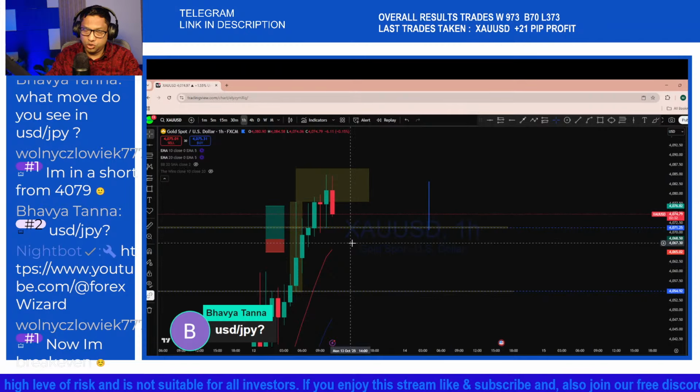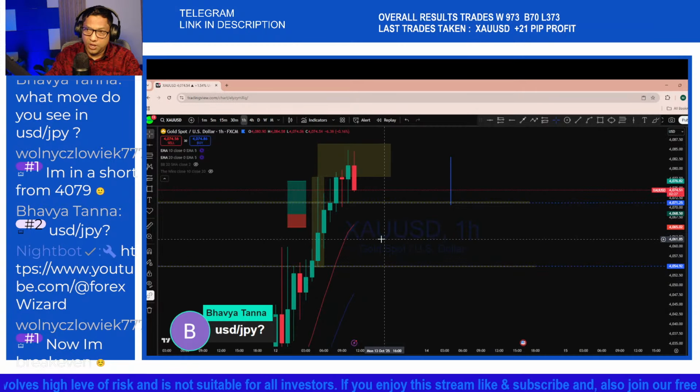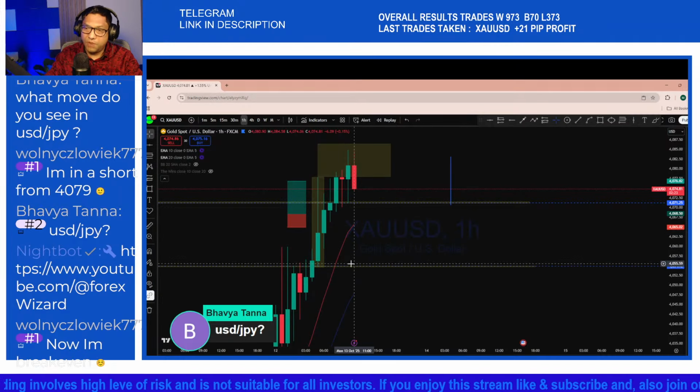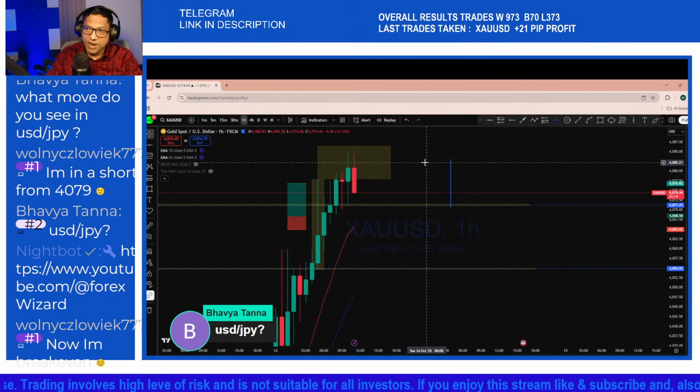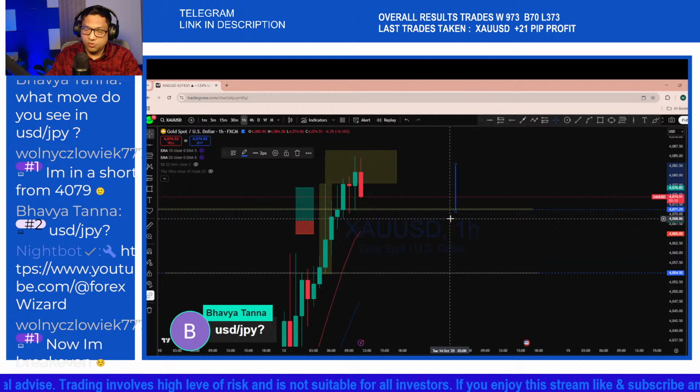So this is what we're looking at. This is a very key support level where there is an important area of value. The price tested that level and then rejected back again to potentially create a new higher high.